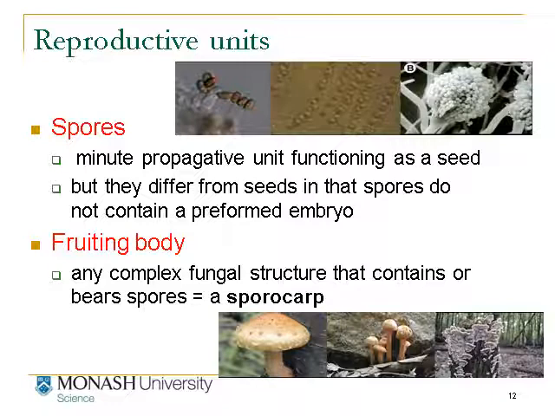In fungi that produce a fruiting body, this particular structure contains or bears spores and is called a sporocarp. These are mainly in the mushrooms that you see in the bottom pictures.